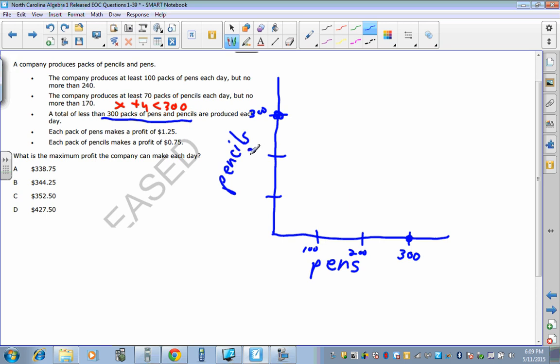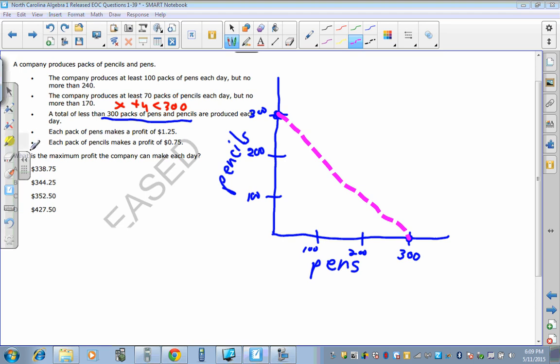That would be your y-intercept. And we know that that line is going to be dashed because it says less than. We also know that we will be shading down, so your solution region will be somewhere underneath this.